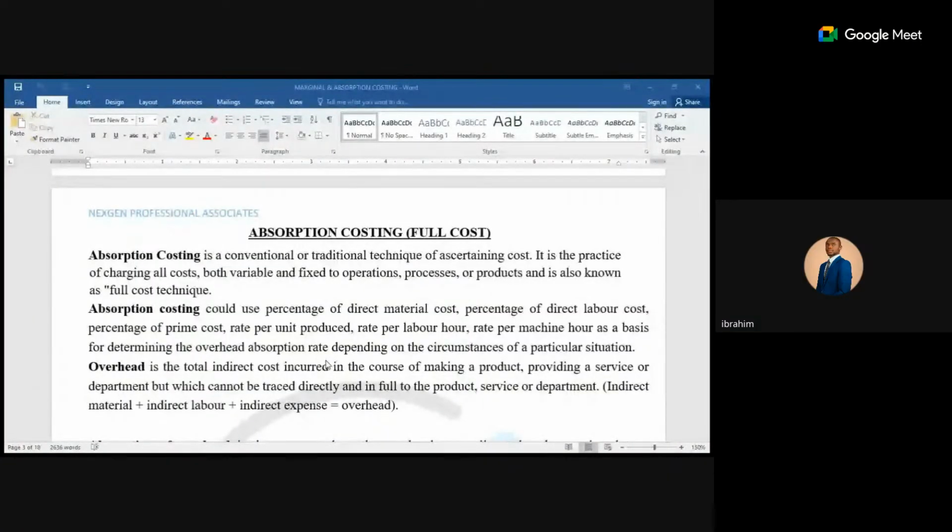Let's say you are producing 50 units. How much is the cost per unit? On that basis, you want to know your overhead cost per unit. You want to know the rate of consumption of that overhead based on the number of units you actually produce. That is why it is called overhead absorption. Absorption means you want to know what you consume.